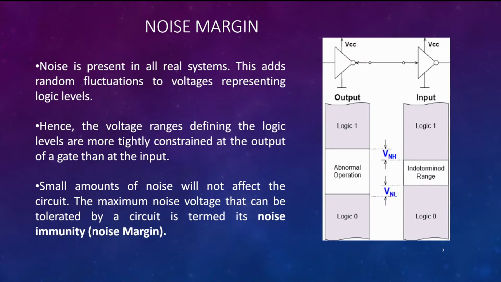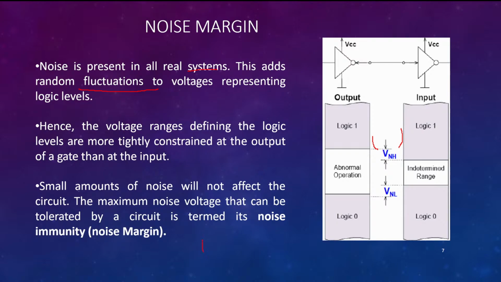So what is noise? Noise is present in all real systems. It adds random fluctuations to the voltage representing the logic levels. Hence, the voltage ranges defining the logic levels are more tightly constrained at the output of a gate than at the input. So noise margin in logic state 1, over here you can see, is given by VNH.